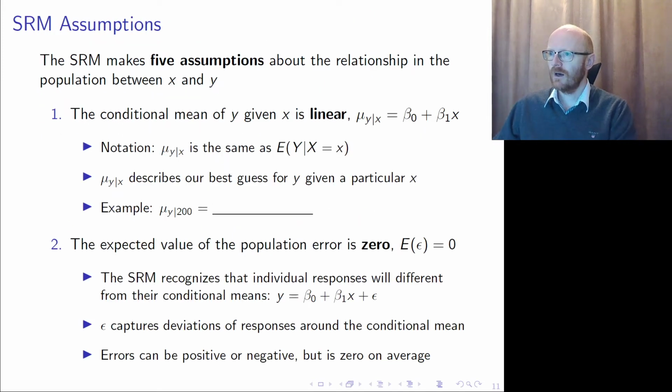Okay, but when you do a regression, you have 5 assumptions, and these are assumptions of the relationship in the population of x and y. So these are not observed, okay? Remember that. The first one is that the conditional mean of y, or y given x, is linear.